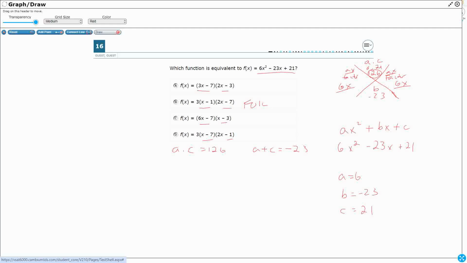So what two numbers can get me to 126? And I know that in order for this to be negative and this to be positive, if I'm adding them and they're negative, and if I'm multiplying them and they're positive, both my factors have to be negative, because negative plus a negative makes a negative, but negative times a negative makes a positive.